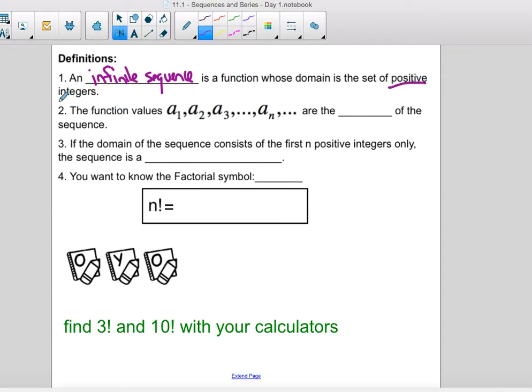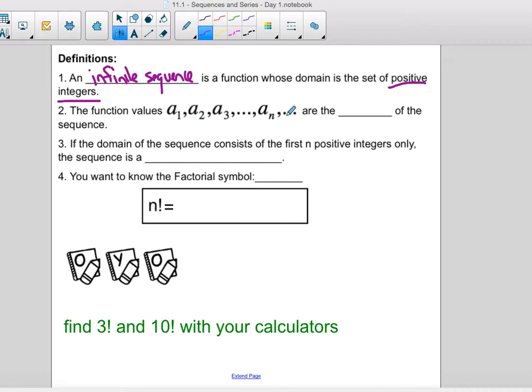And those are going to represent something very specific in sequences where it wouldn't make sense to plug in negatives. It wouldn't make sense to plug in fractions or anything like that, because what you're plugging in are these function values: a, b, c, doesn't matter what letter you use, a sub 1, a sub 2, a sub 3. These are called the terms of the sequence, right?